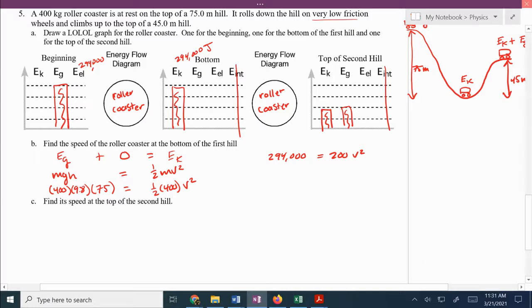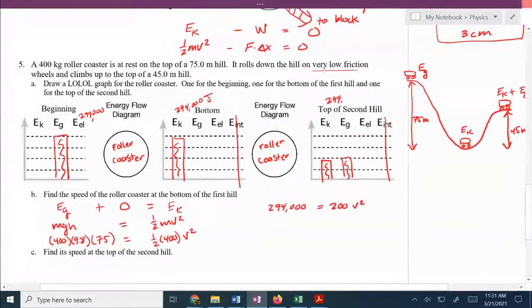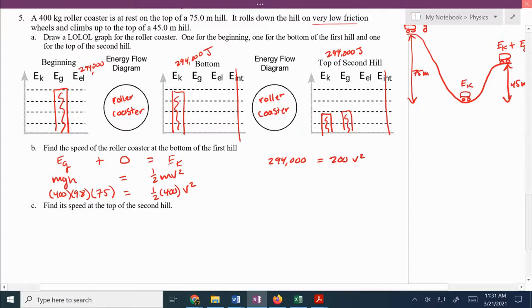And here, they all add together to give us 294,000 joules of combined energy between the kinetic and gravitational energies. So just pointing out that because we don't lose any energy, that's how much energy we have throughout this whole thing.